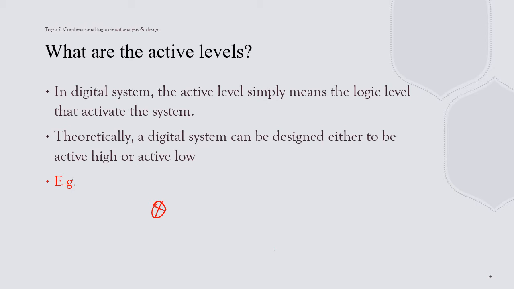So first, let's define that when the lamp is on, that's equivalent to logic 1. If it's off, it's equivalent to logic 0. In order to turn on this lamp, we have two ways to connect the lamp.